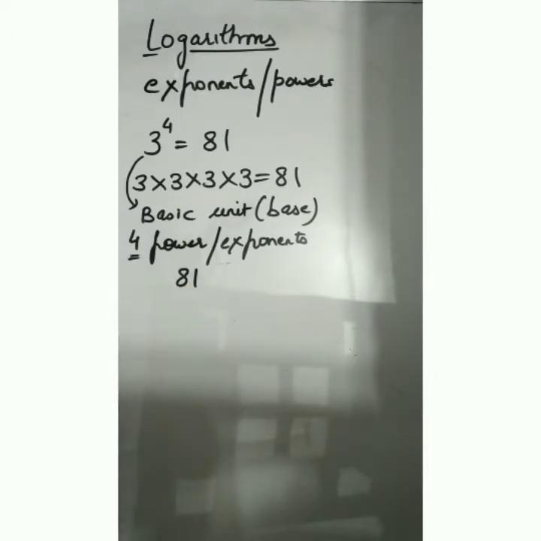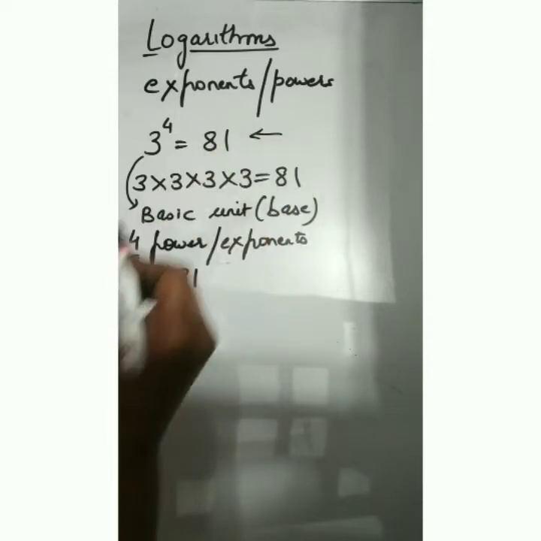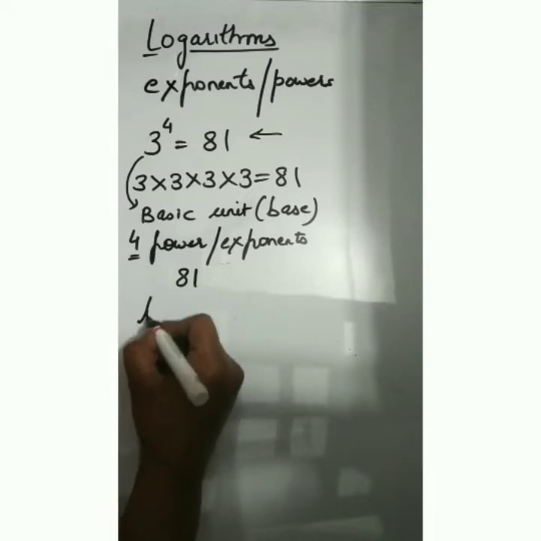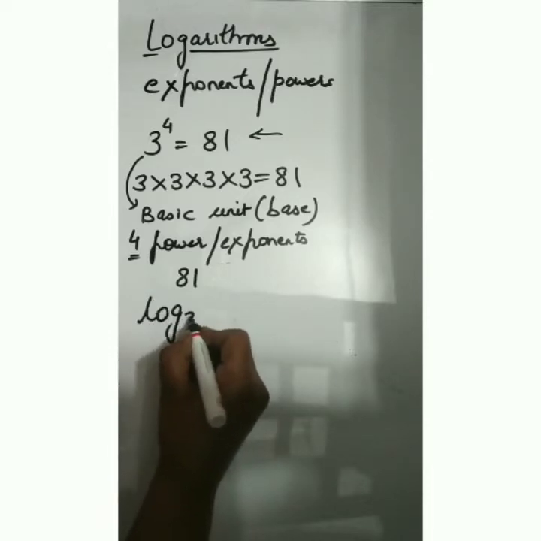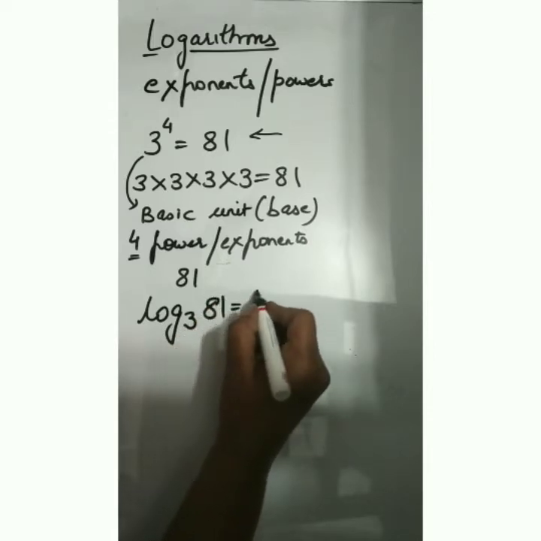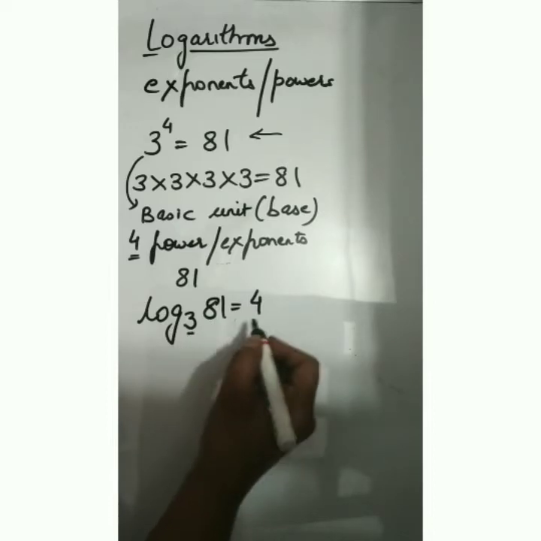Well, this is the exponential form which we have already done in junior classes. Now, writing this expression again with the help of log, this expression can be rewritten in logarithm form as log to the base 3 of 81 is 4. It is read as log of 81 to the base 3 is 4.